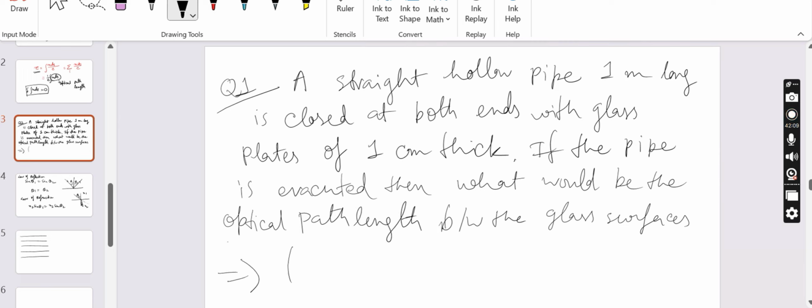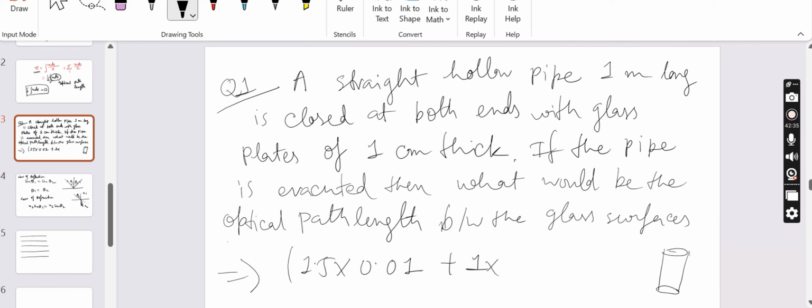So we need to multiply the distance with the refractive index. So the refractive index of the glass is basically 1.5 into 1 centimeter, so that is 0.01 meter, plus, this is how the cylinder is.